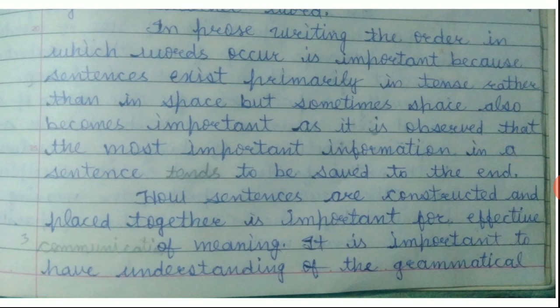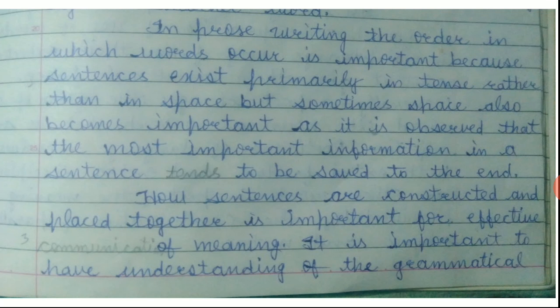How sentences are constructed and placed together is also important for effective communication of meaning. We will have to follow the set pattern of writing sentences, and if we deviate from that sentence pattern, we do not have much scope. We cannot deviate too far.